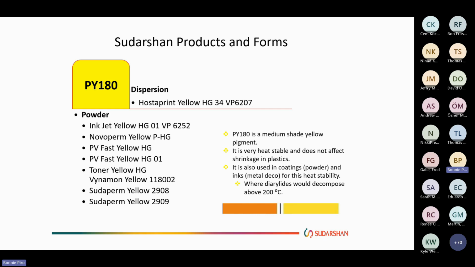It's also very useful for powder because of that higher heat stability. Also, in some of the higher processing temperatures for inks, like metal deco, where the diarylides would decompose at above 200 degrees C. So some options there. Again, selecting your pigment chemistry to meet your application needs.